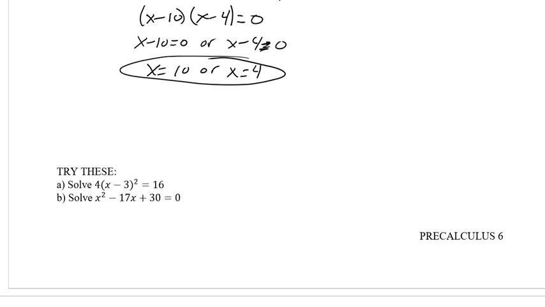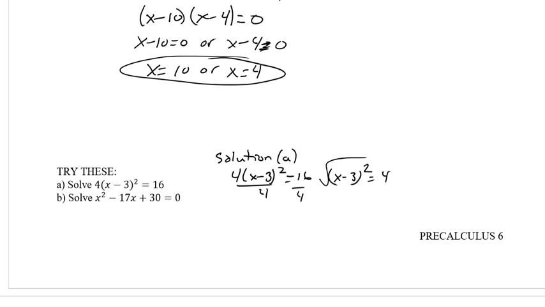So the solution for A, we would first take this equation and divide both sides by 4. And we get x minus 3 squared equals 4. Now we take the square root of both sides. So that's x minus 3, and the square root of 4 is plus or minus 2.